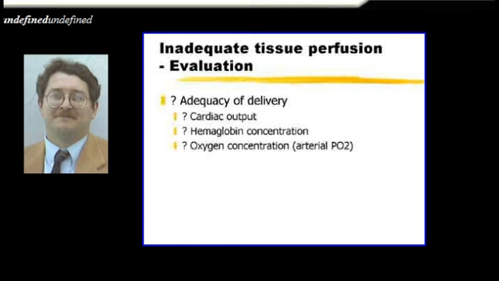The whole point of the preceding discussion was to evaluate oxygen delivery and oxygen consumption, and if one comes to the conclusion that oxygen delivery is inadequate, you have to ask, why is this the case? Well, the options include impaired cardiac output, impaired hemoglobin concentration or anemia, and impaired oxygen concentration or hypoxemia.